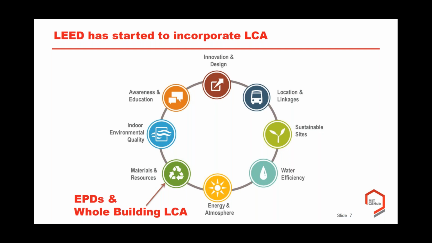Now, within that M&R category, for the EPDs, basically a project gets points for selecting vendors that have EPDs, but it doesn't specify how the EPDs should be used to support decisions. Right now, it's purely meant as a mechanism to try to encourage people to quantify the environmental footprint of their products and report it. Whole building LCA can be done to demonstrate reductions of environmental impacts in building design compared to a baseline. So that's encouraging to see LEED has incorporated this. Next.